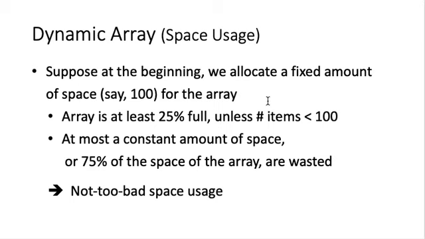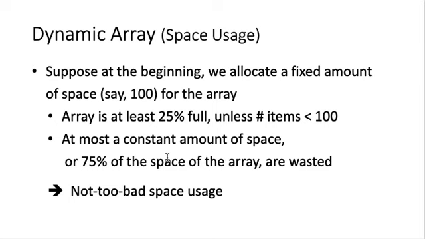So more precisely, suppose that at the beginning, we allocate a fixed amount of space for the array, and then we will see that unless the number of items is less than 100, the array is always at least a quarter full. So if it is at least a quarter full, then only 75% of the space is wasted.